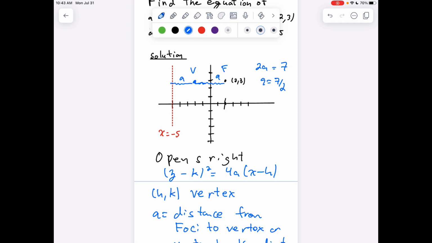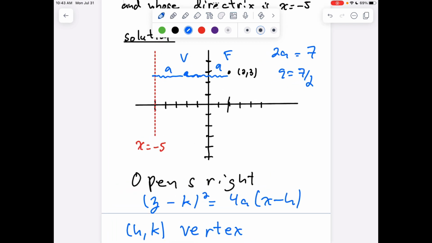The other thing we know is as follows. We can figure out the vertex. The vertex is right smack in the middle between the directrix and the focus. If you're starting with the focus here, you can go back 7/2 units this way. Let me do this in red here, it's more clear.